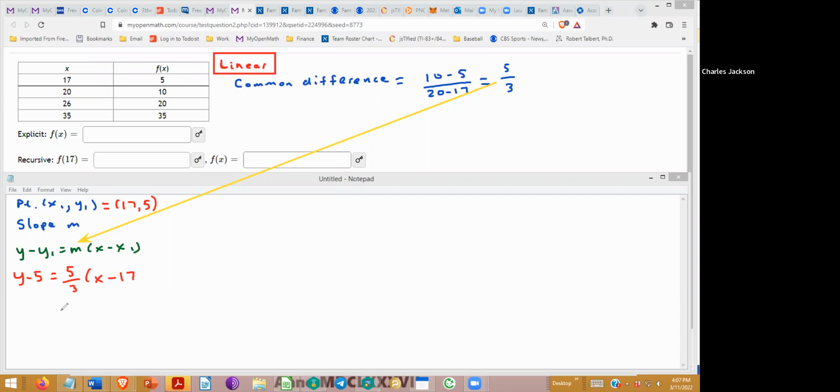Now, you could do a lot with this. This is the answer, the equation of the line explicitly. You could write it in all different forms.